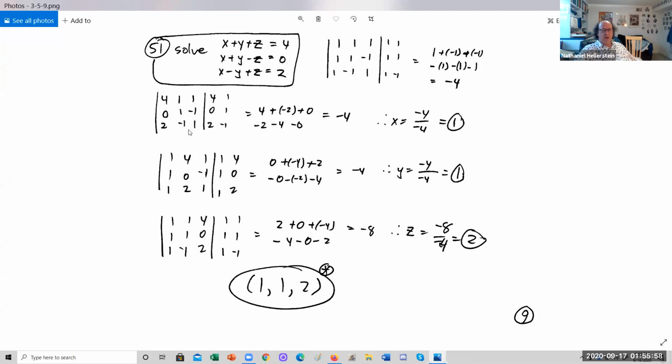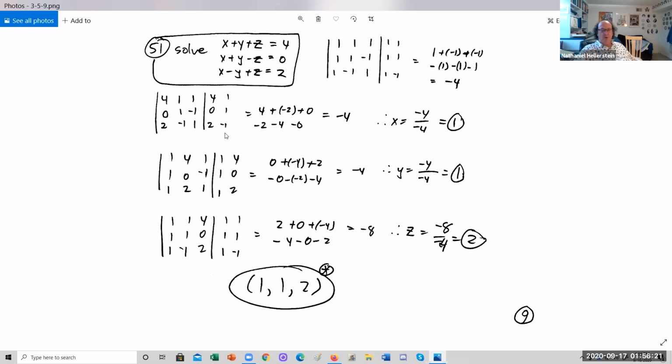Minus negative 1, 4, minus a 4. Minus 1, 0, 1, that's a 0. So 4 plus negative 2 plus 0 minus 2 minus 4 minus 0 all adds up to negative 4. So x will be this determinant divided by this determinant. Negative 4 over negative 4, that's a 1.